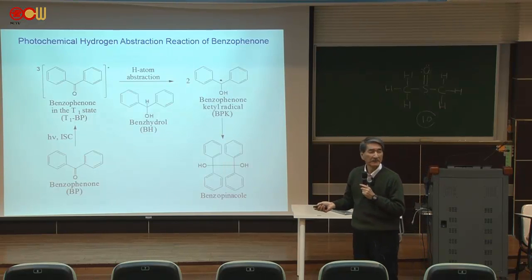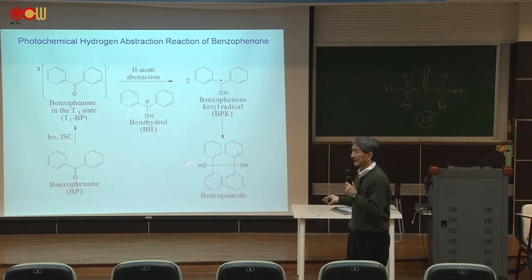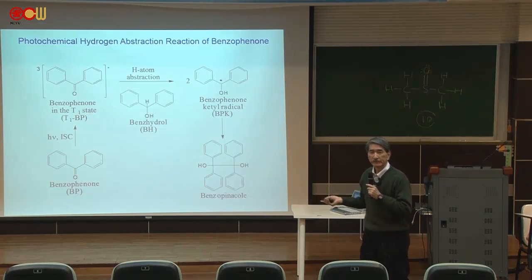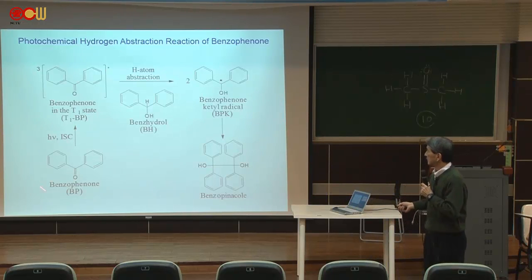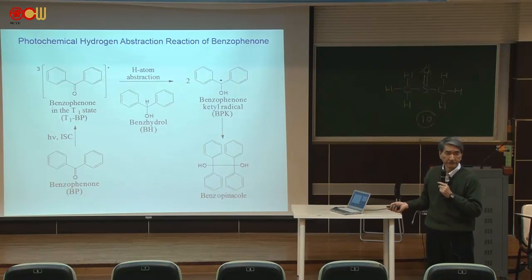Have you ever tried that? It's a very famous photochemistry experiment, and every textbook of photochemistry mentions this kind of reaction. So benzophenone is very stable, but if it's irradiated by light, it reacts and makes this final product, benzopinacol.